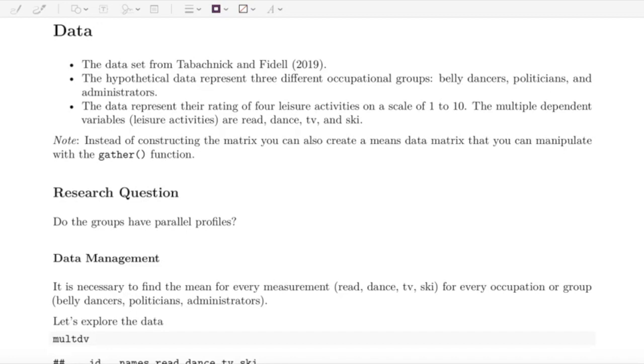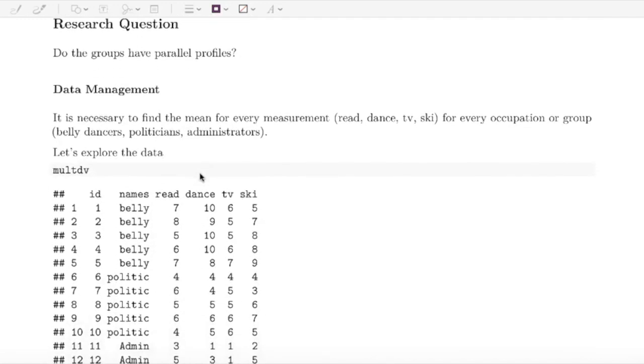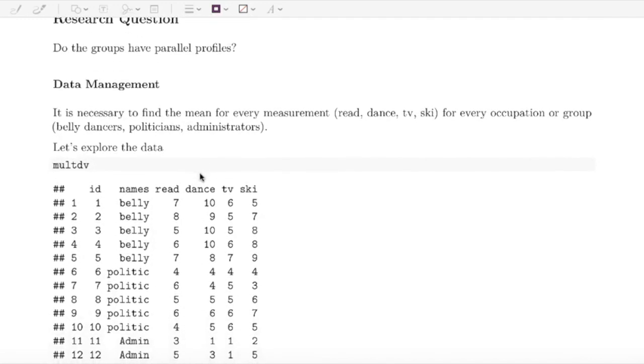It's the same unit that's responding to 4 different measurements. So that's a little tweak that we're doing here for profile analysis. The research question is going to be, do the groups have parallel profiles? So the file that we're going to use is the multdb, and I think it's a text file.